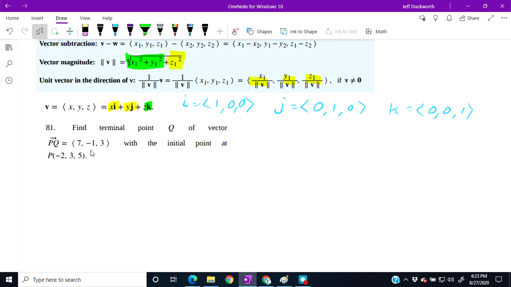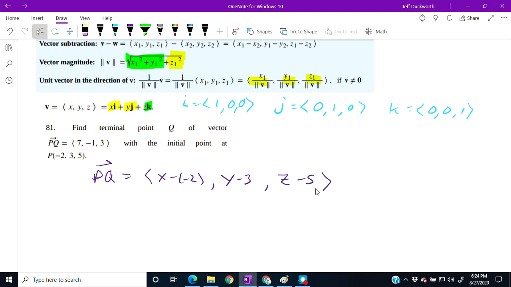Well, we're given what this vector is, and we know that we've got pq as a vector is going to equal x minus -2 will be our first part, and then y minus 3 will be our second part of that, and z minus 5.